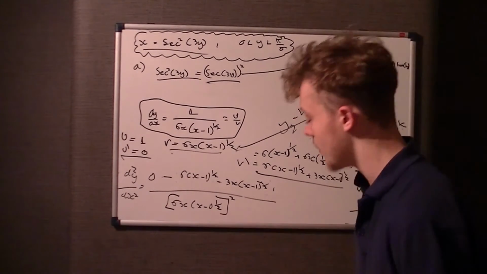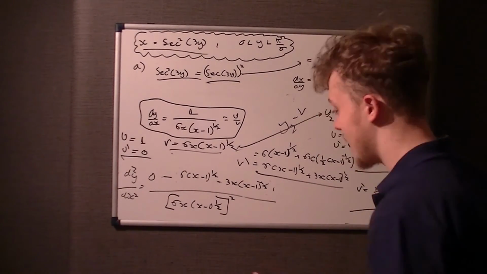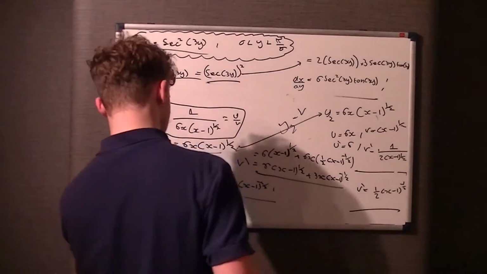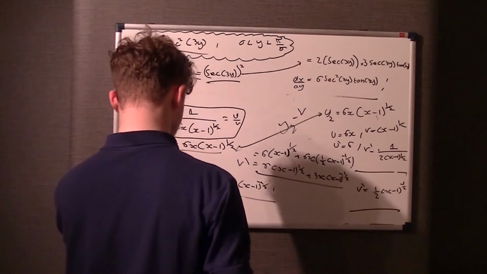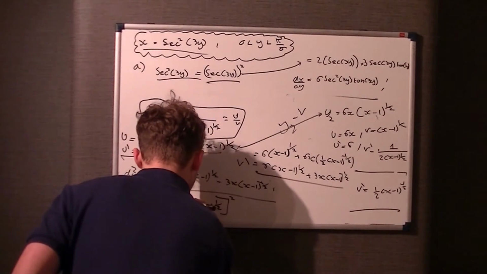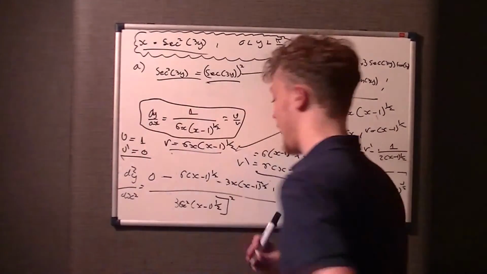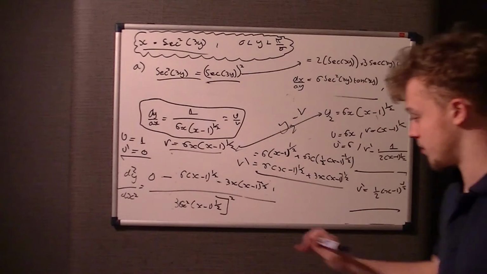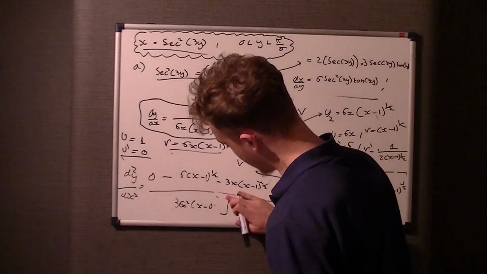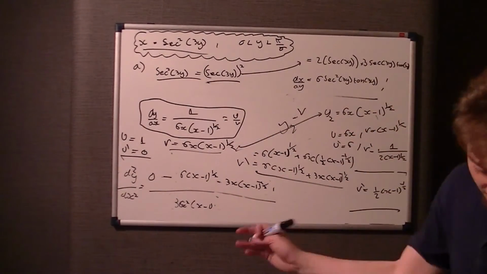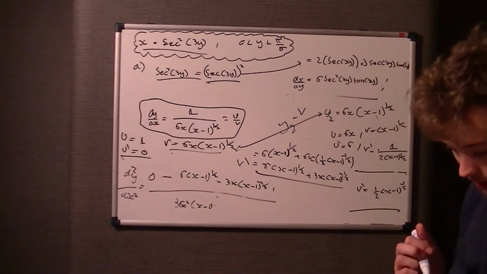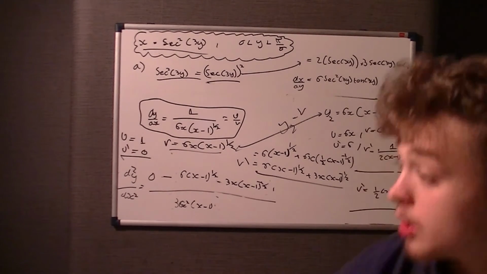And when you square all of this on the bottom, we square each term individually. So the first term becomes 36x squared. And when you square x take 1 to the power of a half, that just becomes x take 1. So that is therefore your end answer to that question.